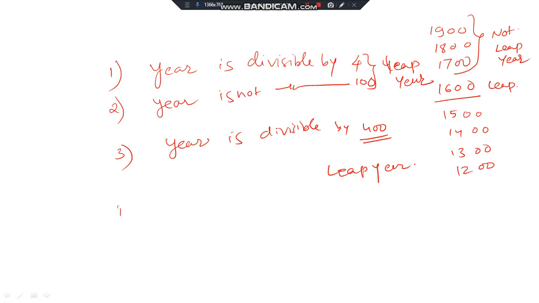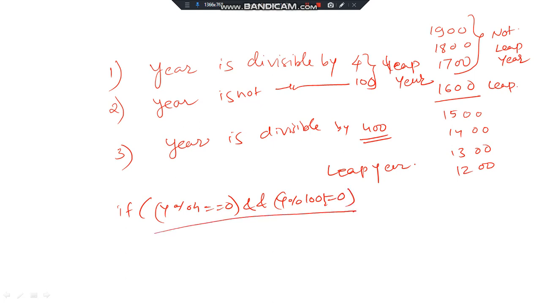So we have a condition here: if year mod 4 is equal to 0, this is the first condition, and year mod 100 is not equal to 0, the year is a leap year, or, the other condition is year mod 400 is equal to 0, then also it is a leap year.